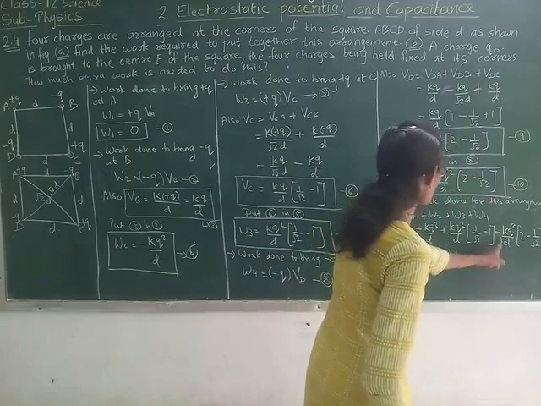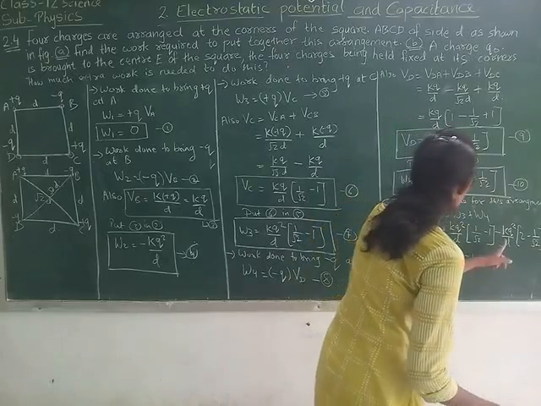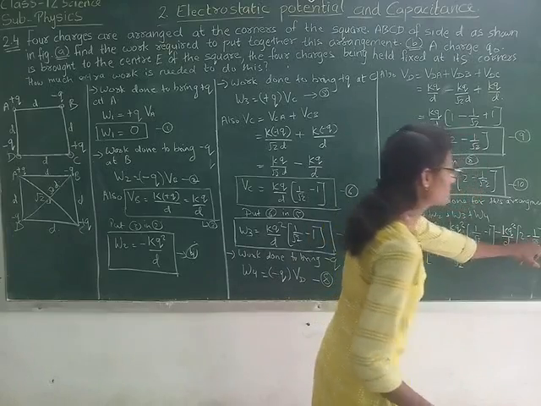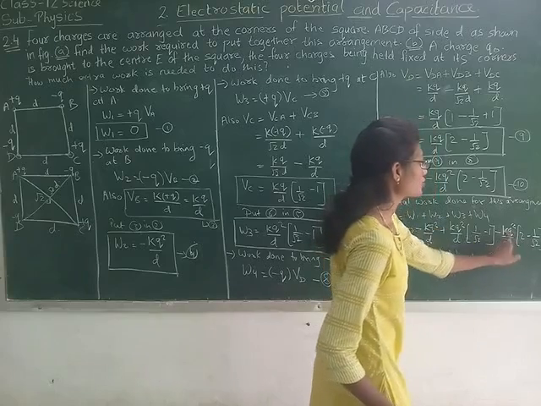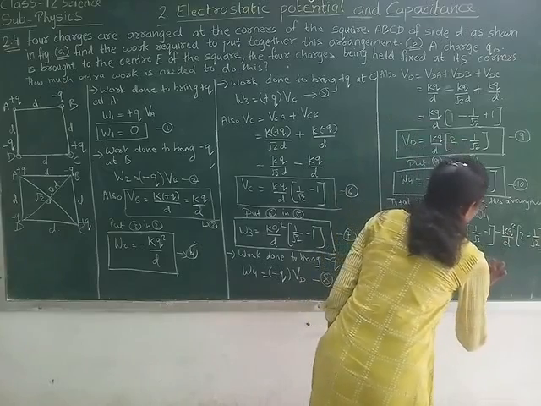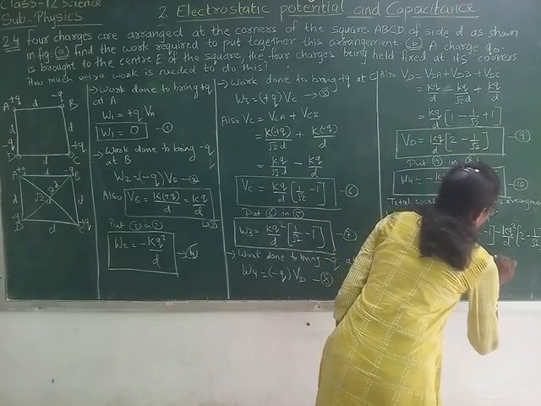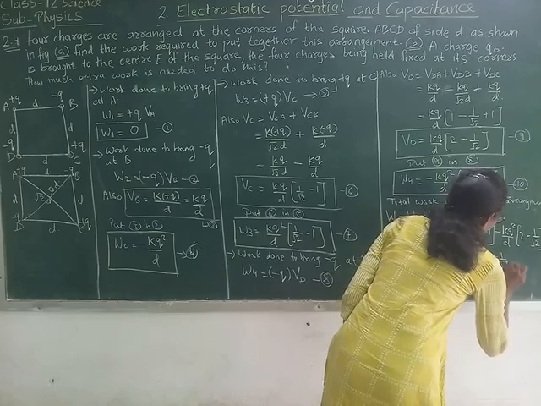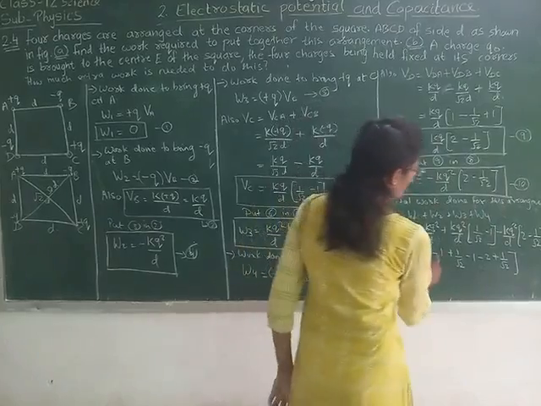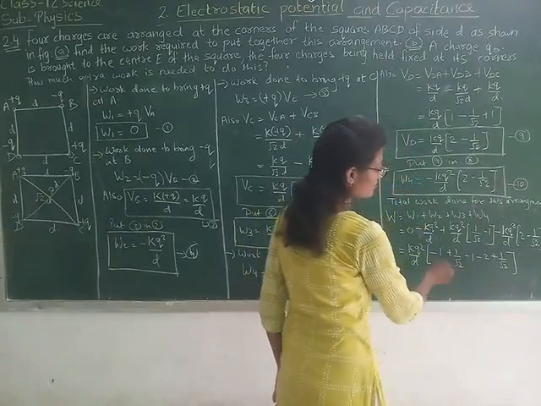Here, taking this minus in bracket, that becomes minus 2 minus minus plus, that is plus 1 by root 2. So it will be minus 2 and plus 1 by root 2. Here minus 1 becomes minus 2.